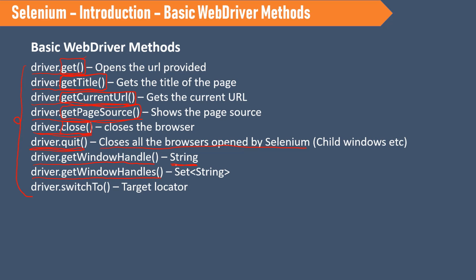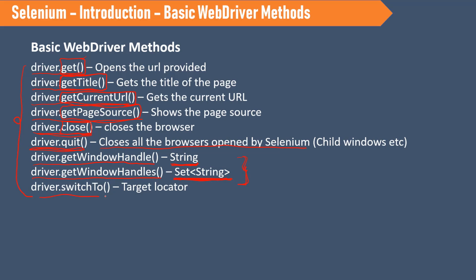The getWindowHandle method returns a string, but the getWindowHandles method returns a set of strings. If you have gone through my Java basics tutorials, then you should know what this set is. It is an interface that implements the collections interface. We normally use these 2 methods whenever we work with child windows in Selenium. So we'll see this whenever we come to that concept.